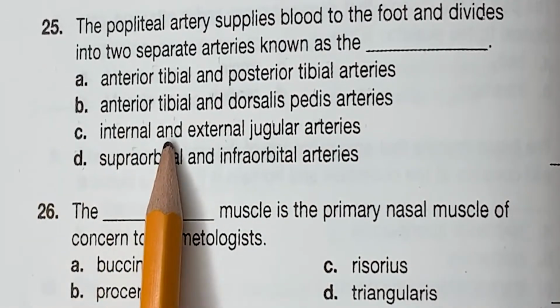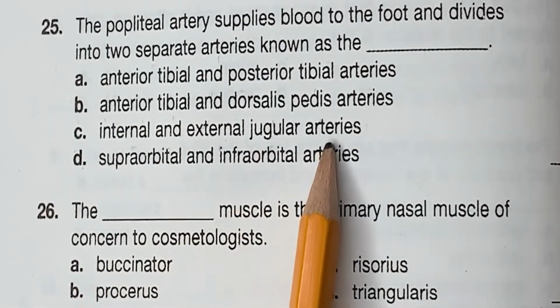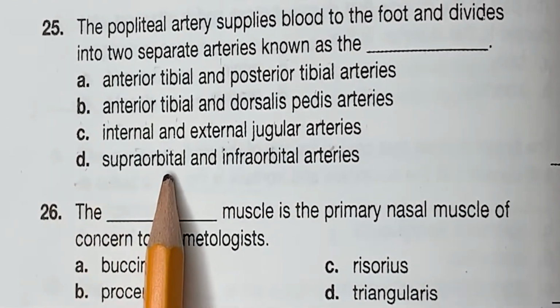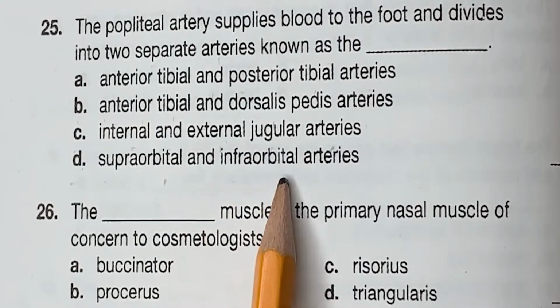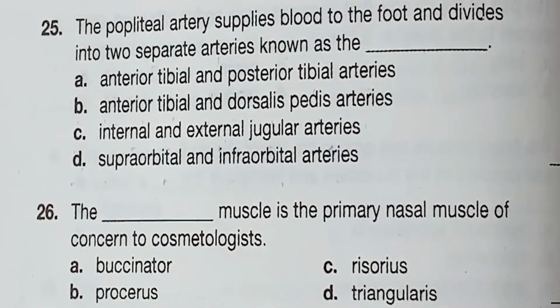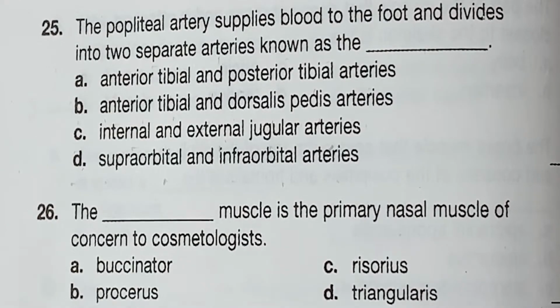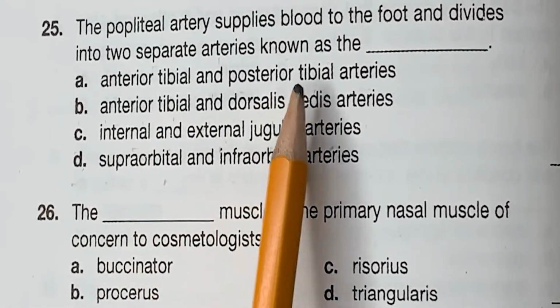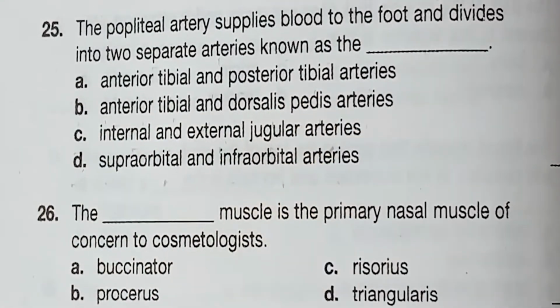C, internal and external jugular arteries, or D, suprapopliteal and infrapopliteal arteries. And your correct answer is A, the anterior tibial and posterior tibial arteries.